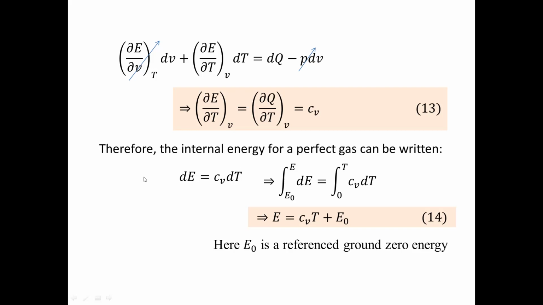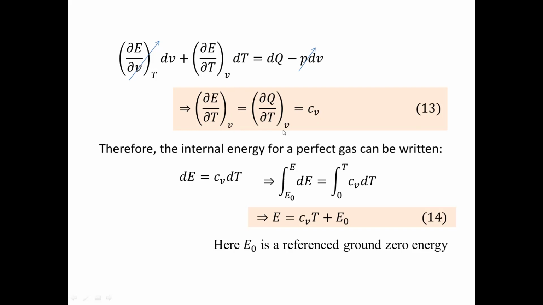In a similar way, for the internal energy of a perfect gas from the ideal gas law, we have dE equal to Cv dT. Taking any one of these equations, we can relate it.